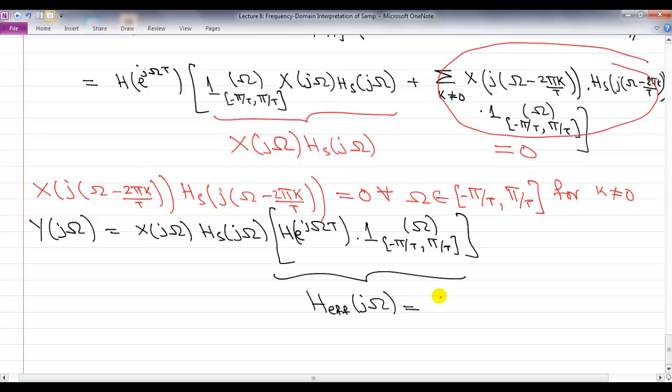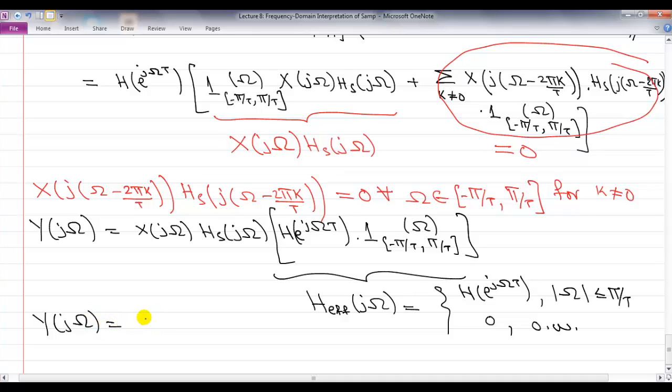And I'm defining it as H of e to the j omega T for omega less than or equal to pi by T and 0 otherwise. That's just the definition. I've just expanded that into its proper expression. So what we get is that Y(j omega) is simply equal to X(j omega) Hs(j omega) times H effective(j omega).